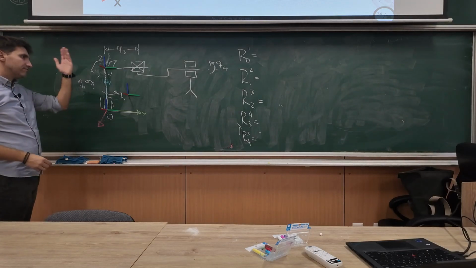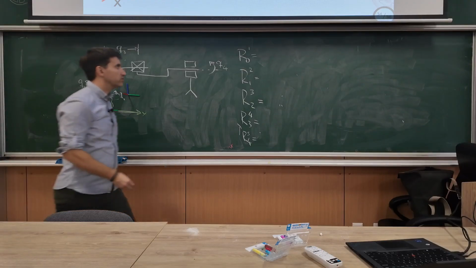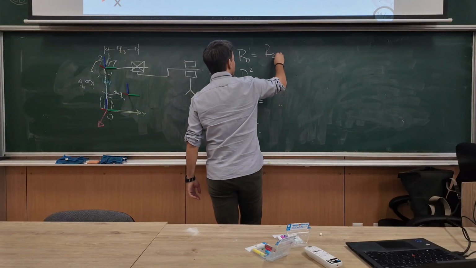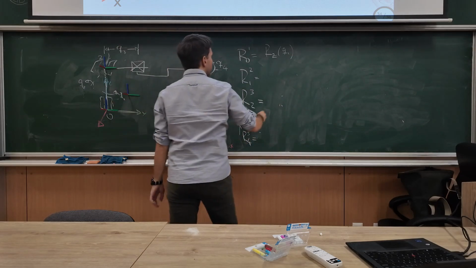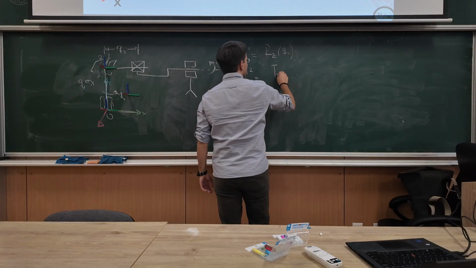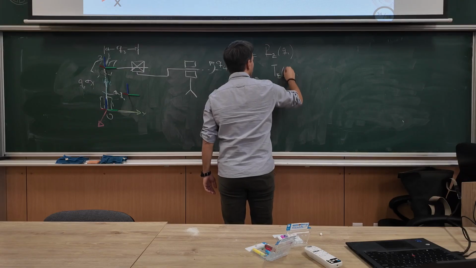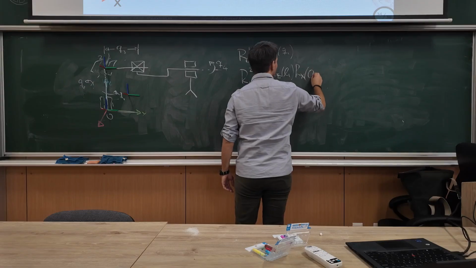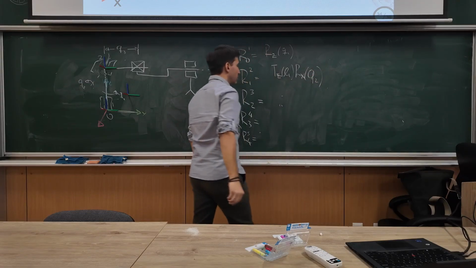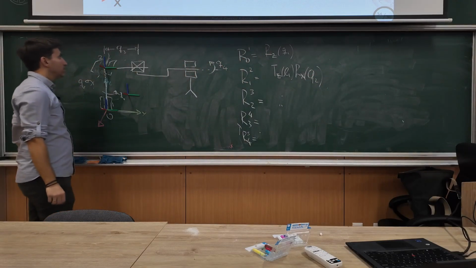R0 to R1, I erased it, but it's the same one. So rotation around Z. R1 to R2 is translation on Z by L1, rotation on X by Q2. Good.